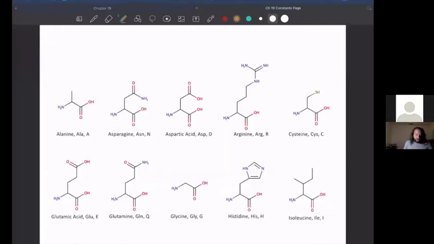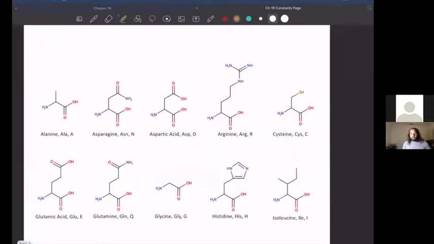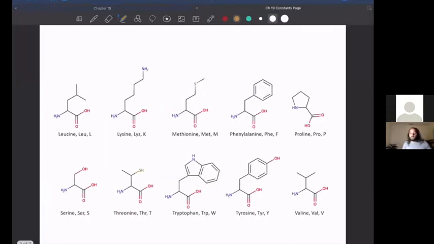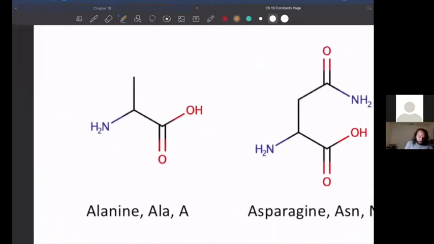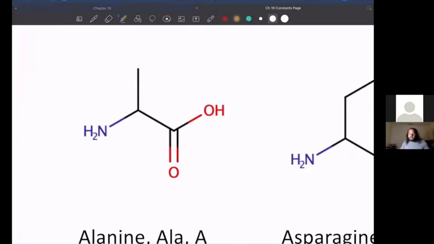The reason that's important for you guys is that this is the constants page that you're going to be given for your exams. This is a really typical way of listing amino acids, something like this. And if we zoom in real quick, this is that same one. You see it's not in the correct form. Okay, so this is what you're going to have on your exam, and you're going to want to know that actually this hydrogen shouldn't be here, it should be replaced with a negative charge, and that this isn't NH2, but rather we should replace that as NH3 plus.